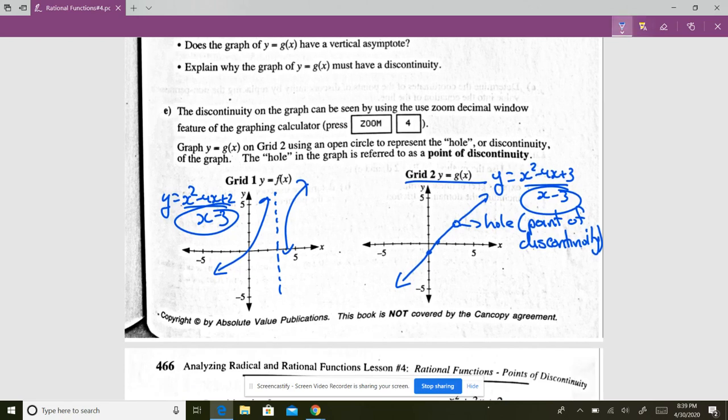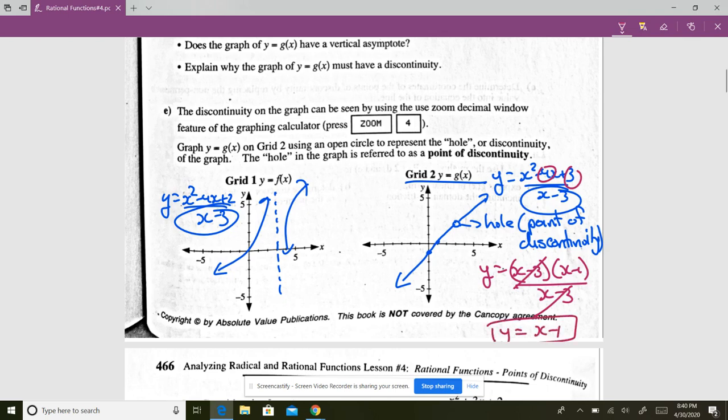Well, just like everything in math, if you factor this top, what multiplies to 3 and adds to negative 4? x minus 3, x minus 1. You have an x minus 3 in the denominator, so they cancel. You're left with x minus 1.